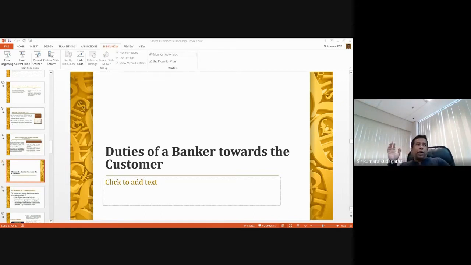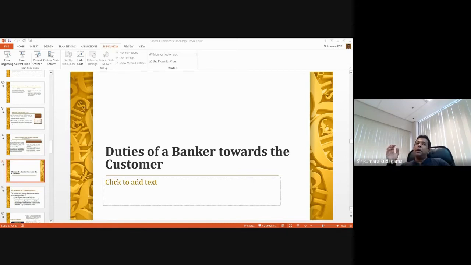But this duty is conditional upon a few things. The checks need to be properly drawn. If the check is not properly drawn, the bank is not duty bound to honor that check. And the customer should have a balance to his credit, that there should be a positive balance.